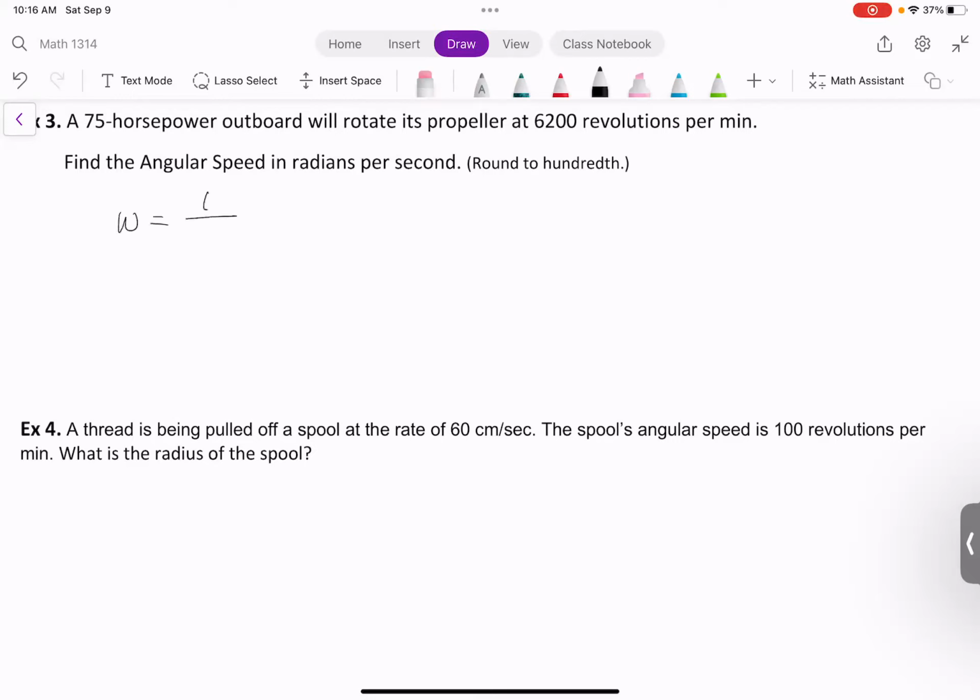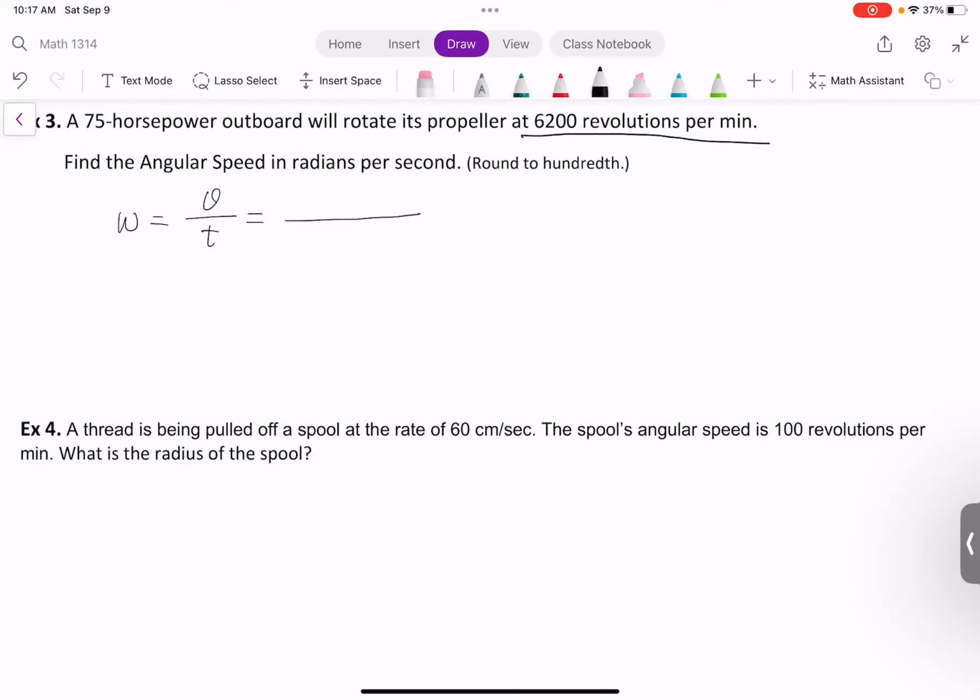Angular speed equals theta over t. So what is theta? What is the angle? It's nothing about the 75 horsepower. Maybe I have a different horsepower. So the angular speed has nothing to do with this given information. It's all about this.